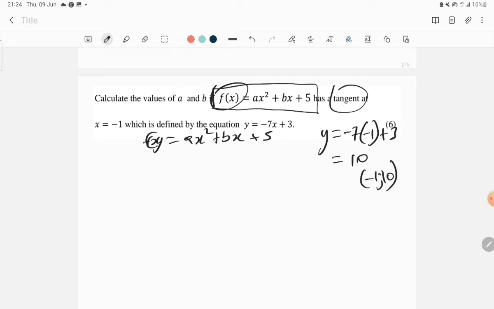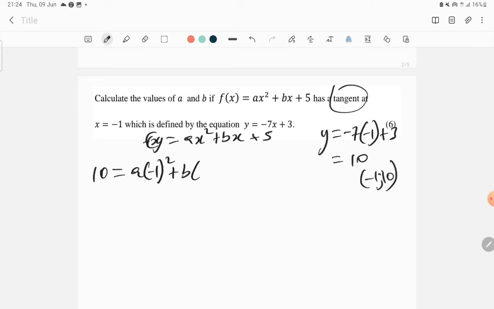Now we can take this point of contact and use it on our function. In the place of y, I can put 10, whereas in the place of x I can just put -1, all squared, then plus b times -1, then plus 5.